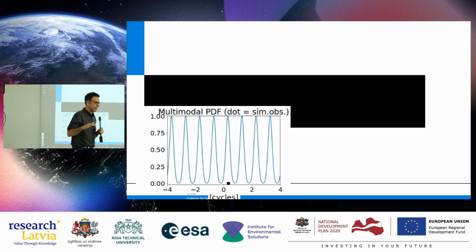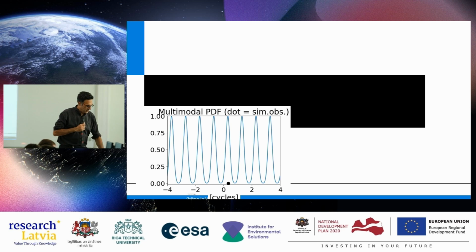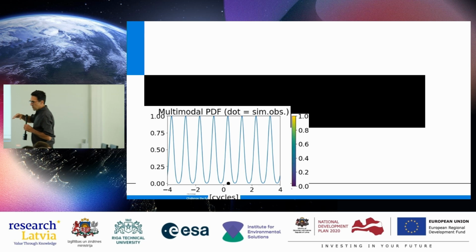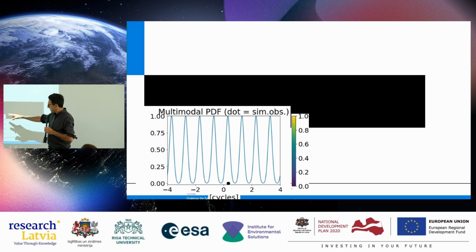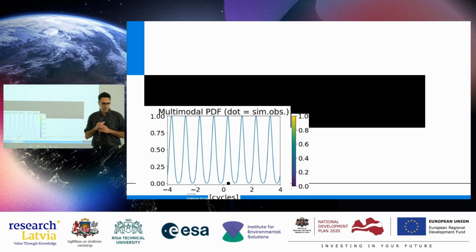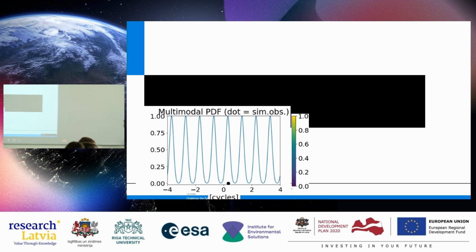So it will be less likely that it's at the edges. So what we can do now is, I need another dimension, so I'm going to introduce a color to see where we are on this multimodal PDF. If we're at the top, at 1, then I call it yellow. If we're at the bottom, I call it purple.